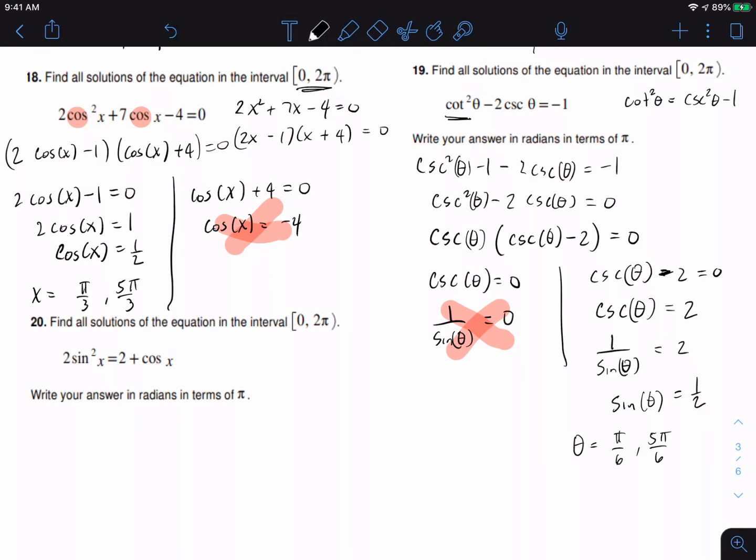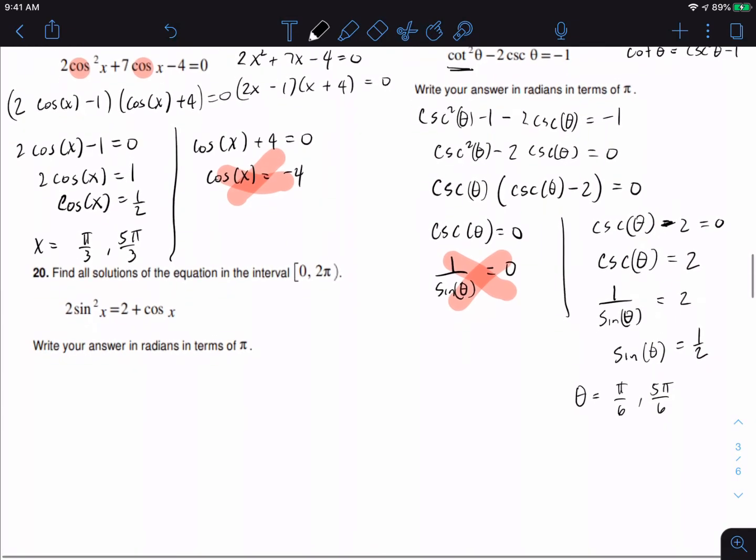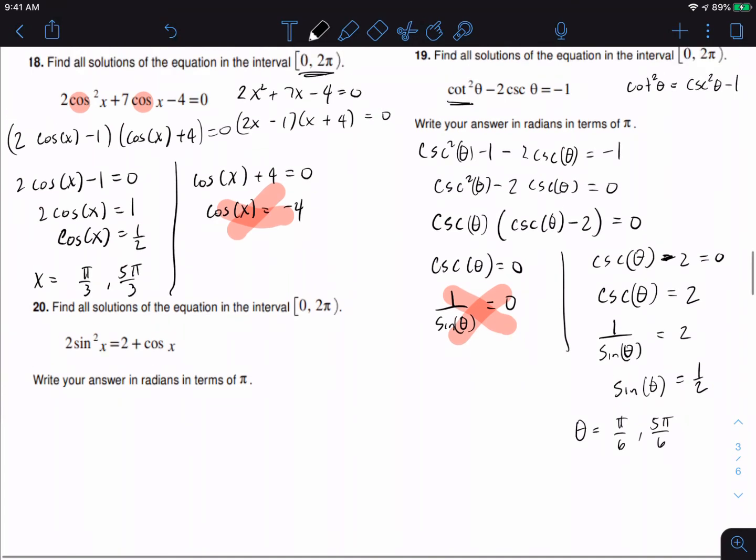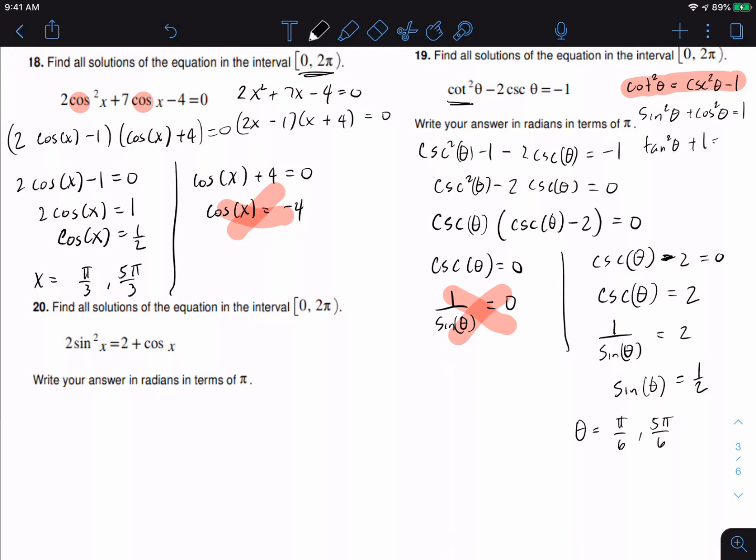Are there any questions on this problem at all? It's all about knowing the identities, right? We have these identities here that are going to be so important. Remember, we had sine squared theta plus cosine squared theta is equal to 1. And then for tangent, it was tangent squared theta plus 1 is equal to secant squared theta.